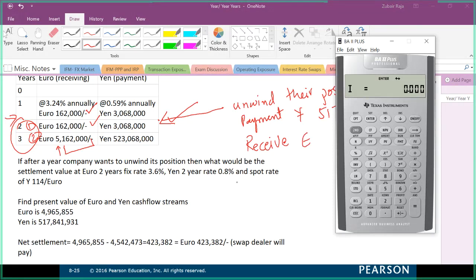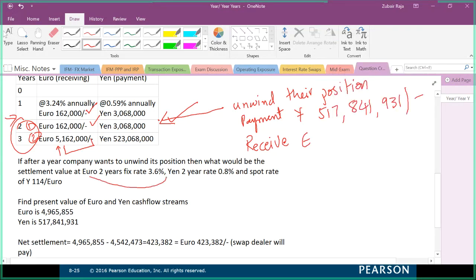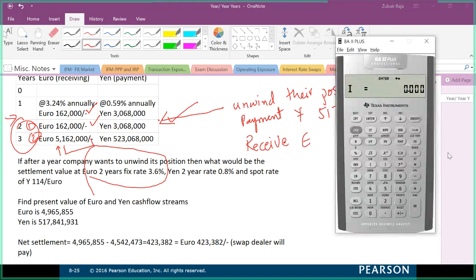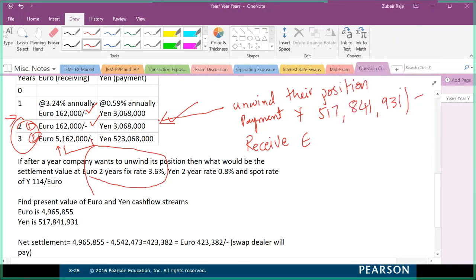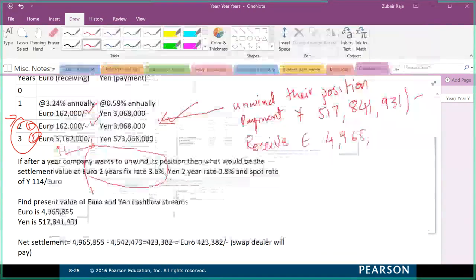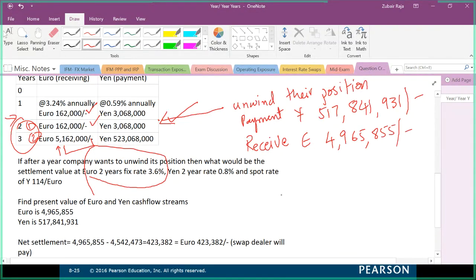What is the rate at which you will discount the euro payment? It depends on the 2-year euro rate. This is given over here, 3.6. So you feed in 3.6, enter, and then do the computation. 4,965,855 is the payment, right?